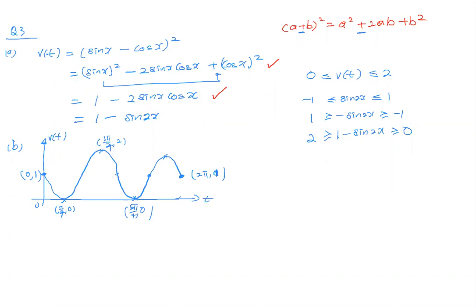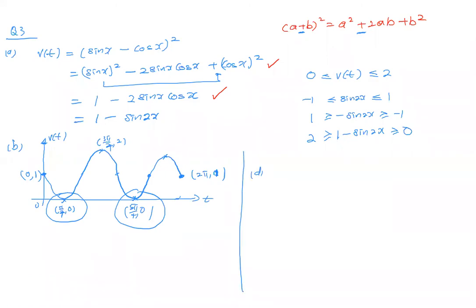Then they say state the time when the object is momentarily at rest within the 2 pi. So this is the time. Okay. Find the exact total distance traveled. Okay. So this one, they want exact. So how are you going to start this part?